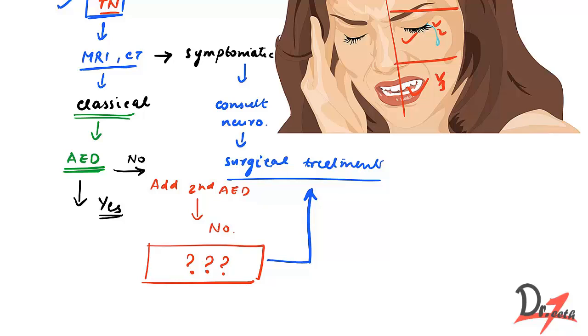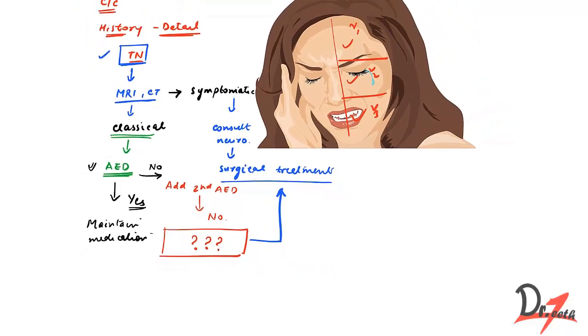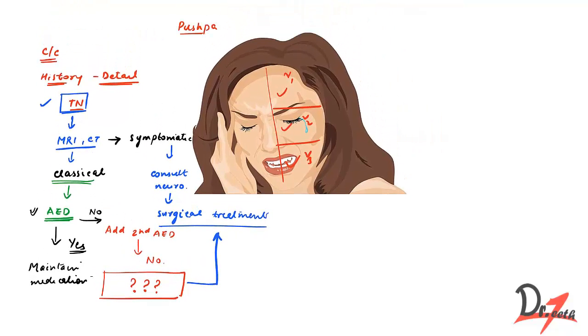And if Pushpa is responding to the first AED that we gave her, then we maintain this medication. This diagnostic algorithm that we studied was given by Shrivani and Matthews. These 2 people gave the diagnostic algorithm for trigeminal neuralgia.